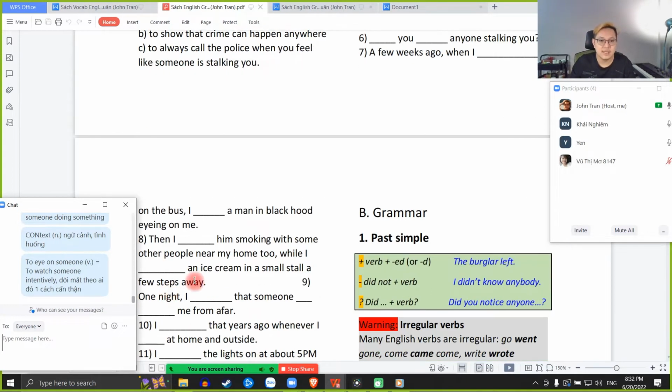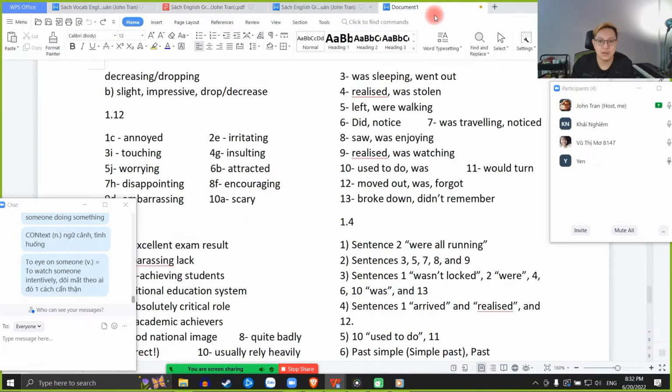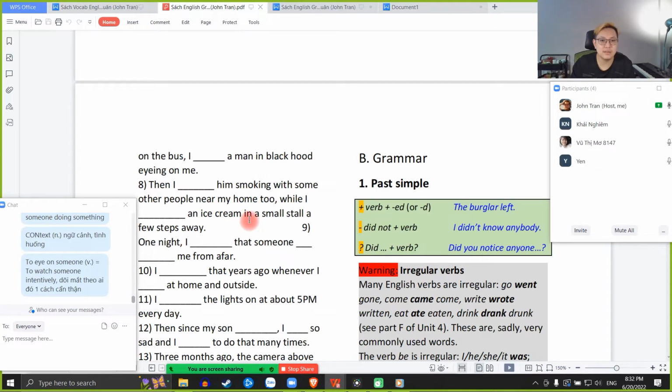Number 8: Then I saw him smoking with some other people near my home too.